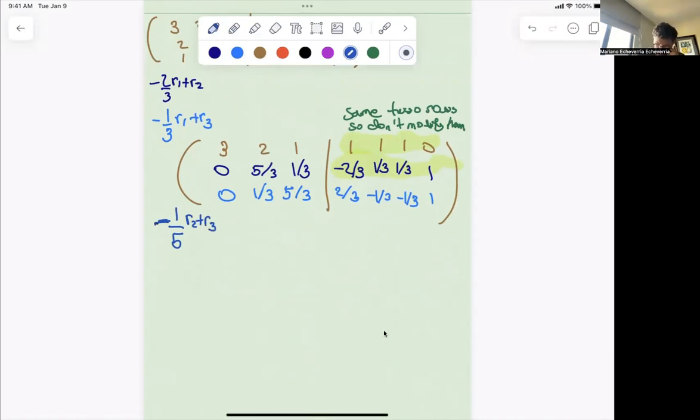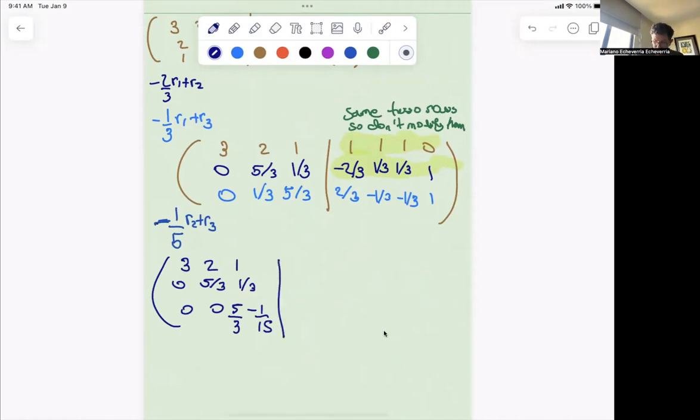And so that would give us 3, 2, 1, 0, 5/3, 1/3, 0, 0, and what is 5/3 minus 1/15, whatever it is, I don't care, because we don't have any further purposes for this matrix. So let's just put 1, 1, 0, minus 2/3, 1/3, 1/3, 1.